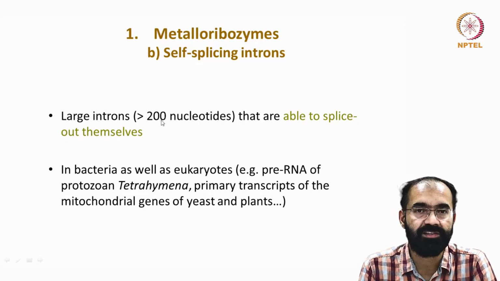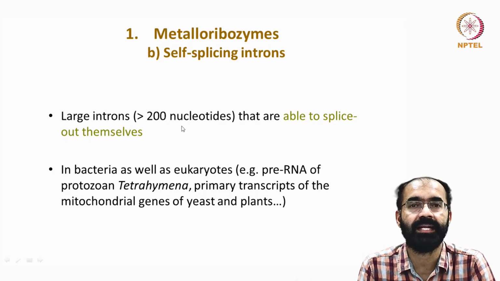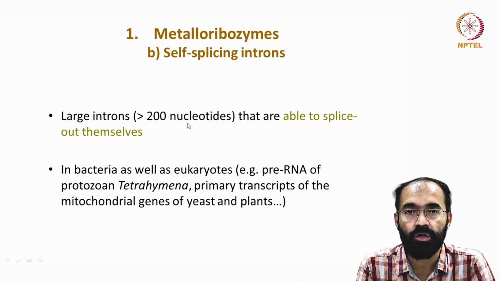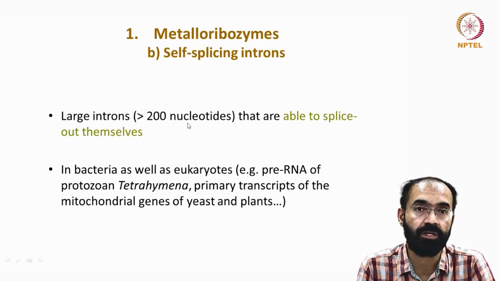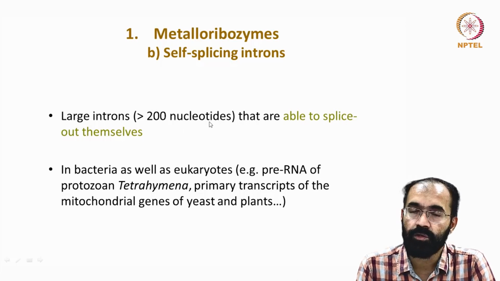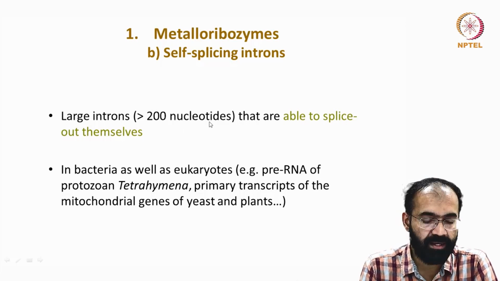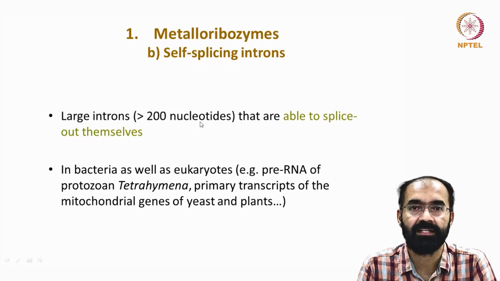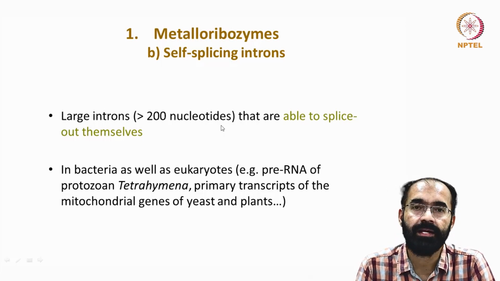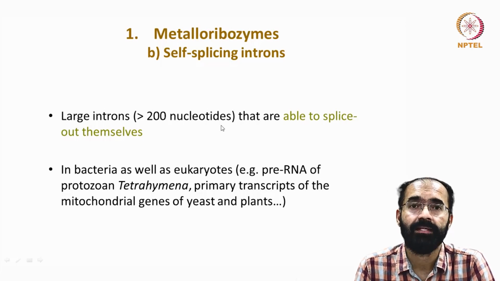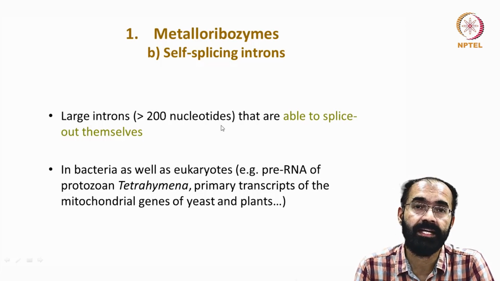Intron, like we already mentioned in the previous class, is the intervening sequence present in an RNA which is not useful for coding purposes or not useful in the mature RNA. Introns have their own importance and significance, which we will discuss as the classes progress. For the time being, understand that when an RNA is being formed, it has regions that need to be present in the mature form and regions that need not be present.